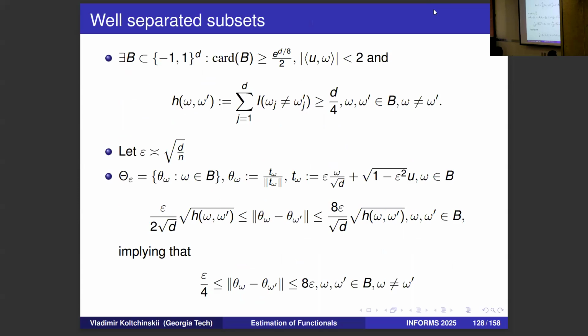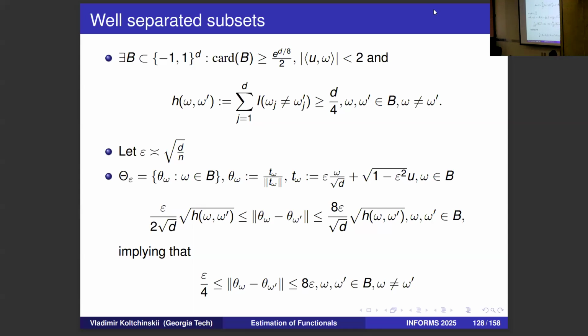We have to create a well-separated subset of unit vectors theta omega that will be top eigenvectors of certain covariance matrices from our neighborhood U. Okay, they will serve this role. So the way to do it, we can first prove that there exists a subset B of this binary cube {-1, 1}^d of large enough cardinality, larger than say e to the power d over a.